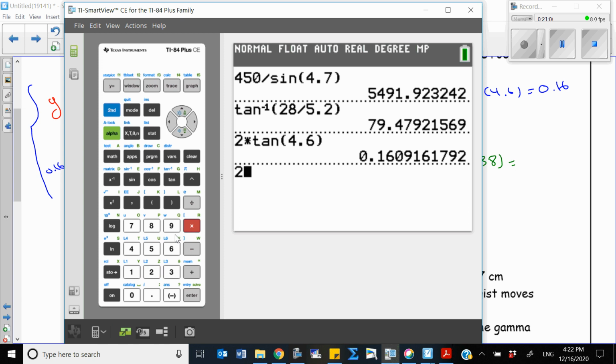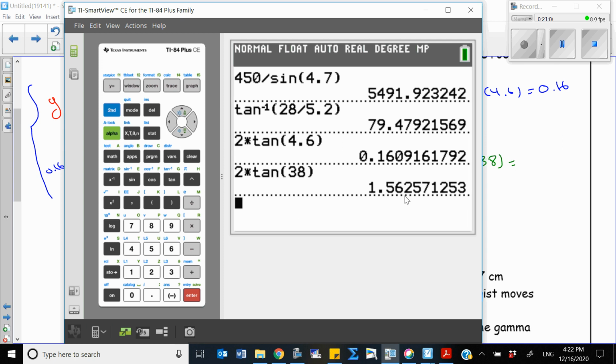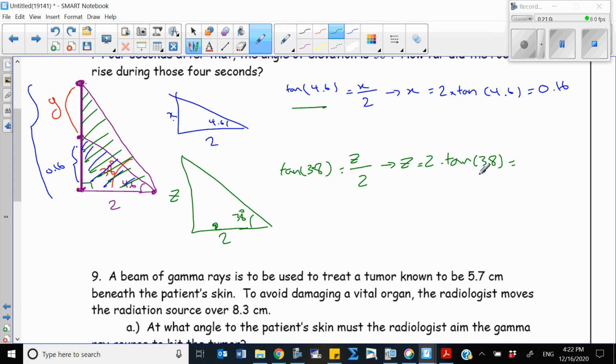Okay, so what is 2 times tangent of 38? It's equal to 1.56. So I found this whole line, 1.56. Now, in order to find this little one, this y here, I'm going to subtract them.